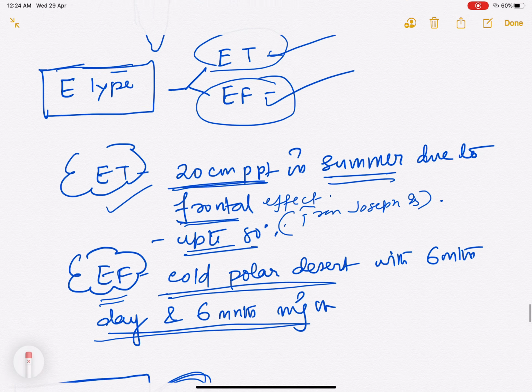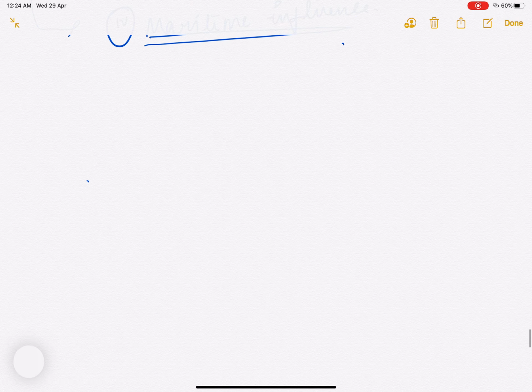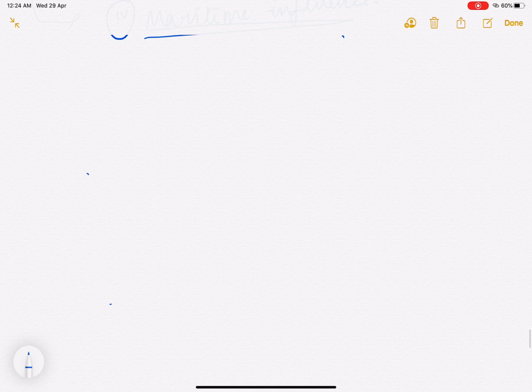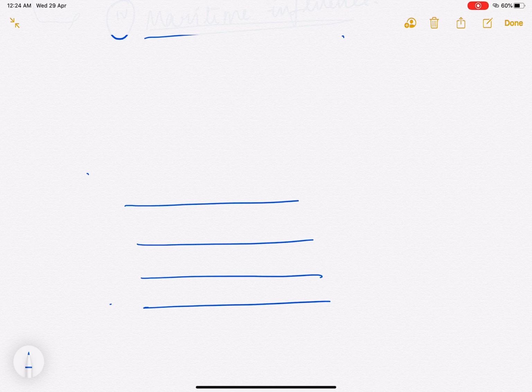Now, as I had promised, the simple trick to show you how to remember this all. Let's see. Done. 0 degree, 10, 30, 60.